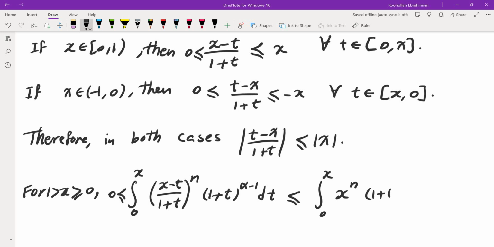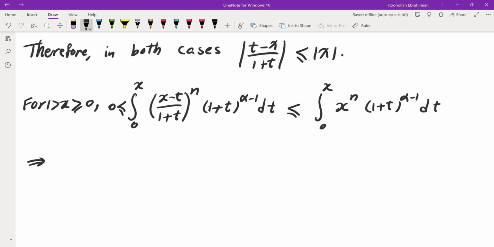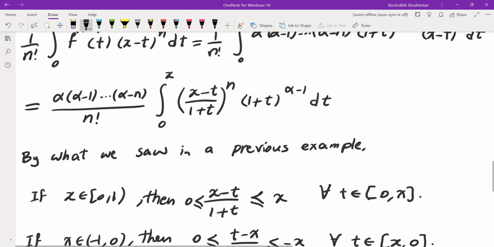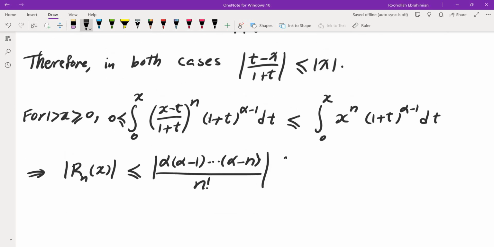And in that case, the remainder would be less than or equal to α(α−1) all the way to (α−n) over n factorial. That one remains the same, so that doesn't change. And then times the integral from 0 to x of x^n; I can take out the x^n, and the rest is the integral of (1+t)^(α−1) dt.